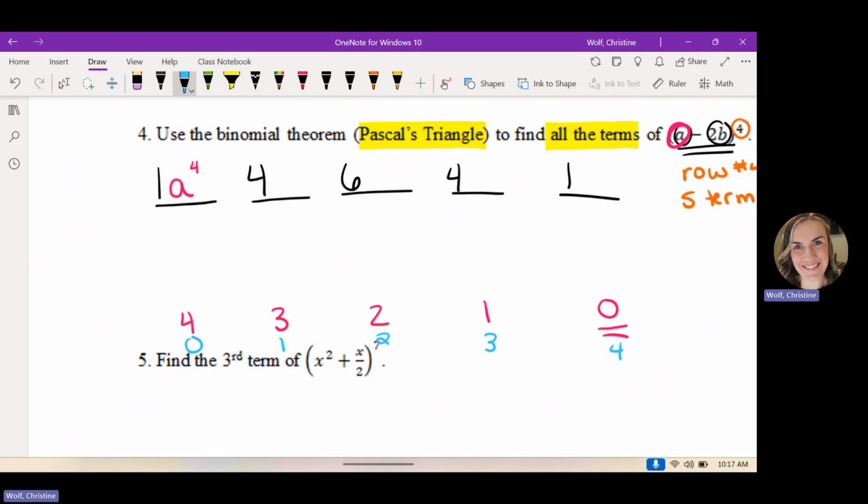But you have to be careful here. A is just an A, so that's easy. It would be A to the 4, A cubed, A squared, A to the 1, no A. But look at your B. Your B is actually 2B in the bracket. It's not just B. So when you start plugging in your B's, you have to plug in the 2 along with it.